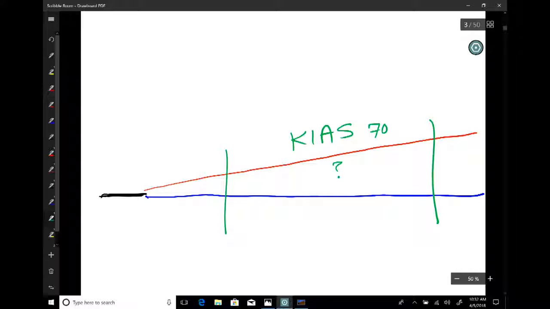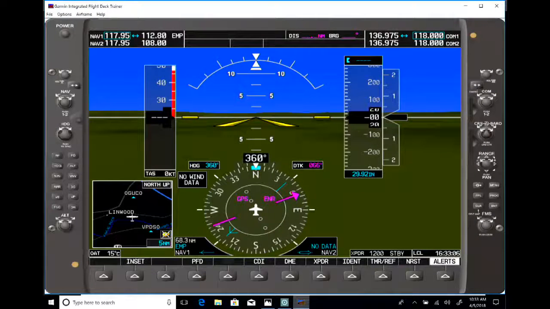What do you think that ground speed is going to be down here on the shorter line? Well, you have to think, you're going a greater distance across this top, so it's actually going to be slower. So you may only have a ground speed of 60 knots. And you're thinking, okay, how in the heck do I know what my ground speed is going to be?